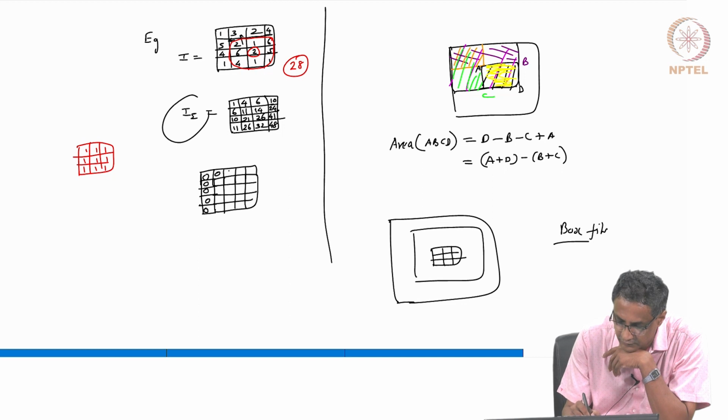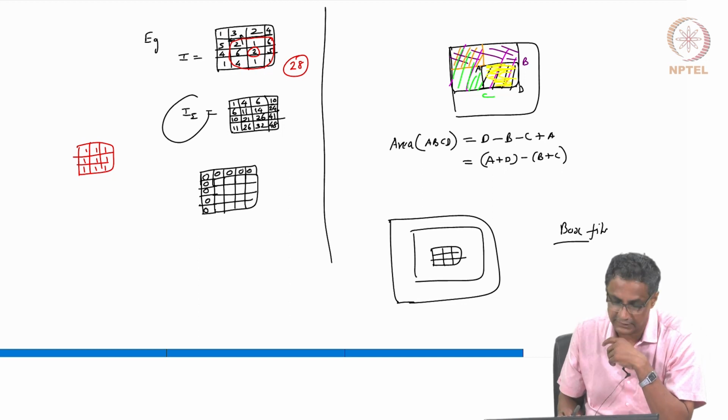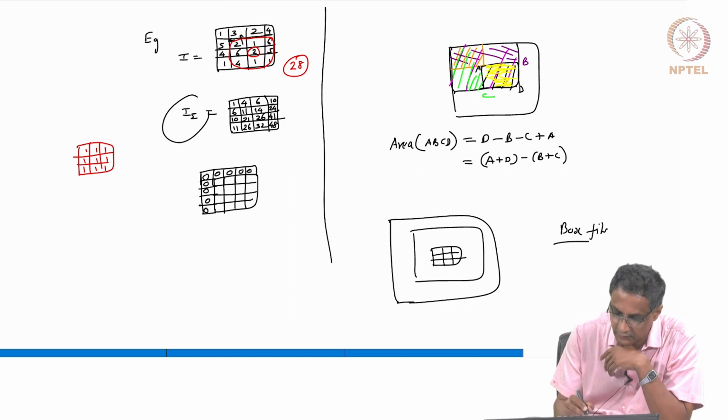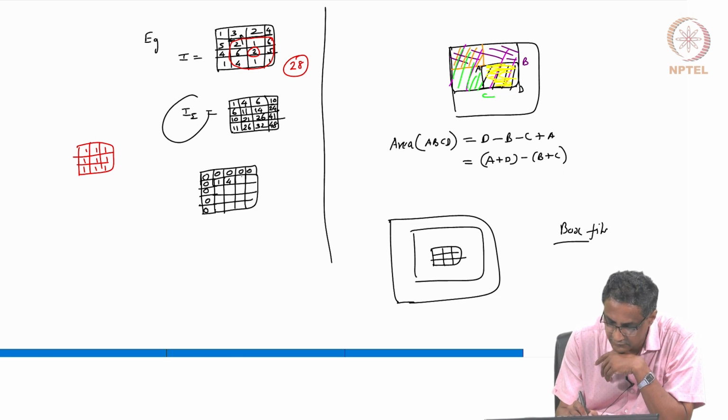In this case you don't need it, but if you are at the border, you might need it. Now I include these values 1, 4, 6, 10, 6, 11, 14, 24, 10, 21, 26, 41, 11, 26, 32, 48.